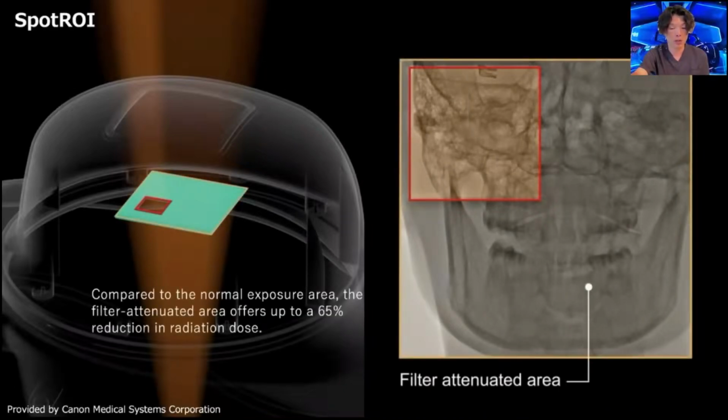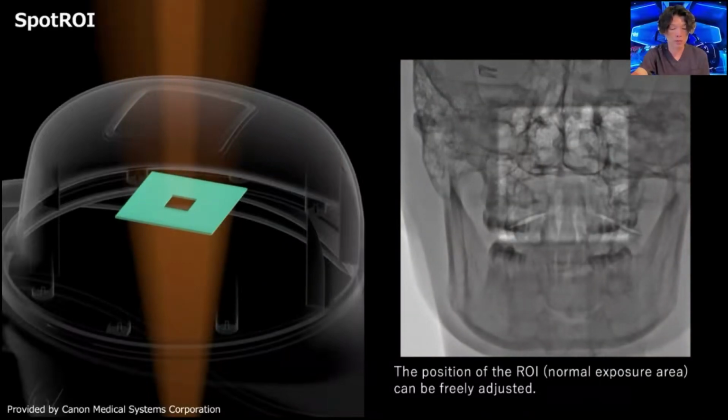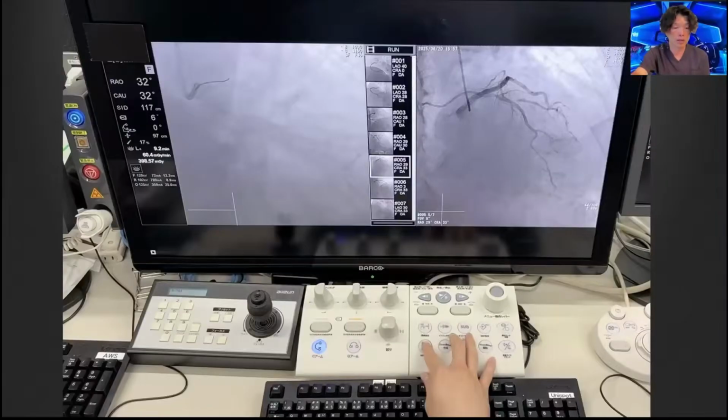There is a square hole filter on the front part of the X-ray tube that permits full X-ray passage through the square hole region of interest, while the area surrounding it, outside the region of interest, undergoes a 65 to 85% dose reduction via a copper filter. Excessive collimation or reduced frame rate can degrade the imaging quality, but spot ROI provides clarity while selectively reducing dose.